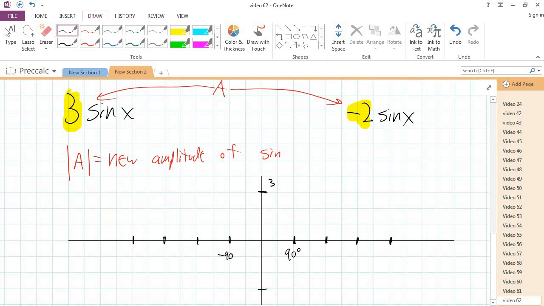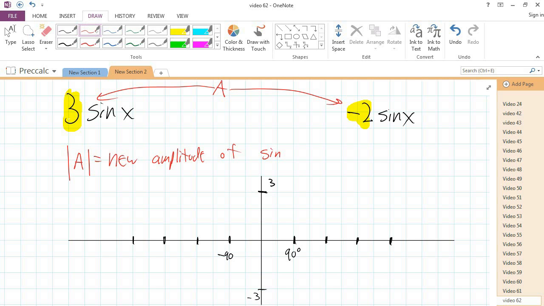But it makes it vital that I label my axes, because you, as the maker of the graph, get to choose what scale you want to use. Okay, so here, 3 blocks is worth 3. 3 is the high point, and the low point of my graph is -3 because my amplitude is 3.